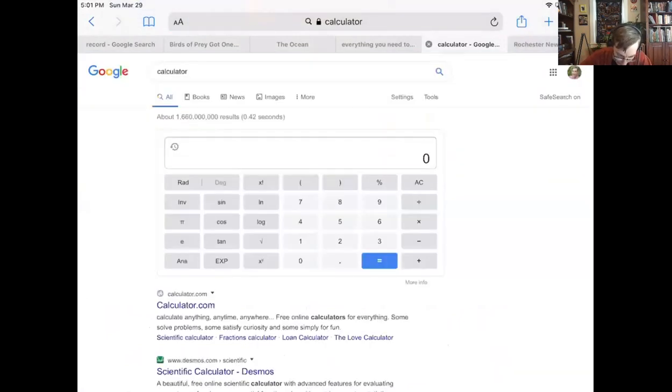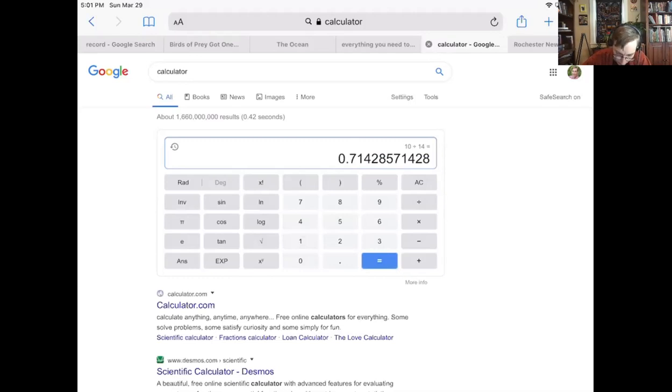Let's see what 10 divided by 14 is. Oh, that was 1 divided by 14. 10 divided by 14 equals 0.714.